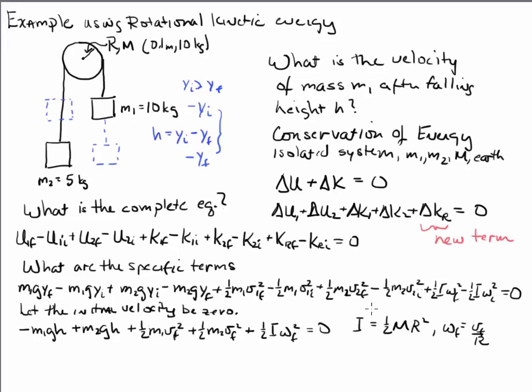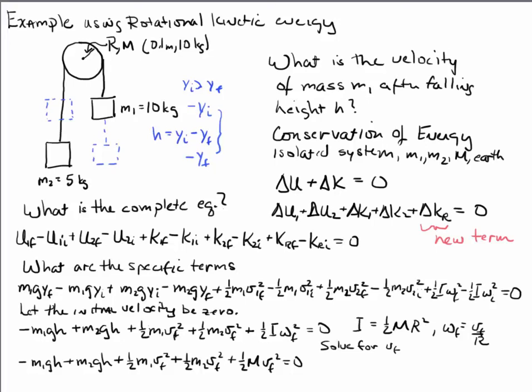where I is given by 1/2 m r squared, and we can relate the final angular velocity to the final linear velocity divided by r. Plugging all that in, we obtain everything in terms of h and final velocity squared. Now we can solve for the final velocity squared.